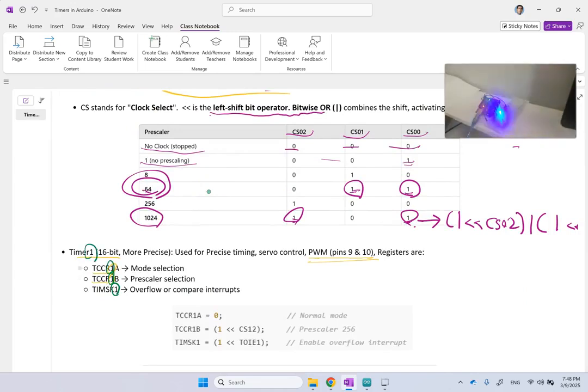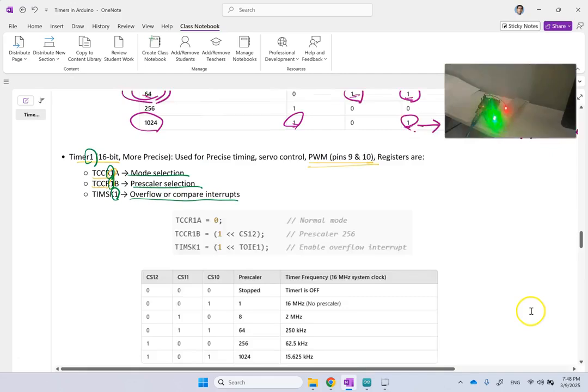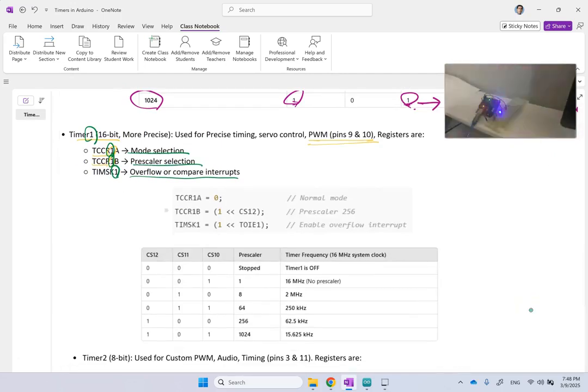And very similar. Again, A is the mode selection, B is the prescaler, and this one is to enable the overflow or the compare. For instance, if I take TCCR1A is 0, that means work in normal mode, just regular overflow. If I say 1B is CS12 equal to 1. What is CS12? If you look at CS12, 1, and the 2 others by default 0, that means a prescaler of 256.